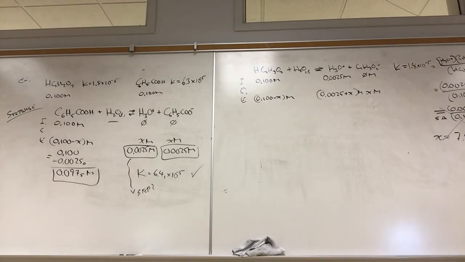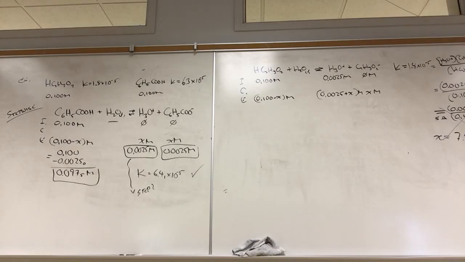I want to get this into quadratic form. So I'm going to get x squared plus 0.0025x is equal to, okay, so this is 10 to the minus 1 times 10 to the minus 5, which is 10 to the minus 6. So 1.8 times 10 to the minus 6 would be 0.1 times 1.8 times 10 to the minus 5, and then minus x times that is going to be minus 1.8 times 10 to the minus 6x.